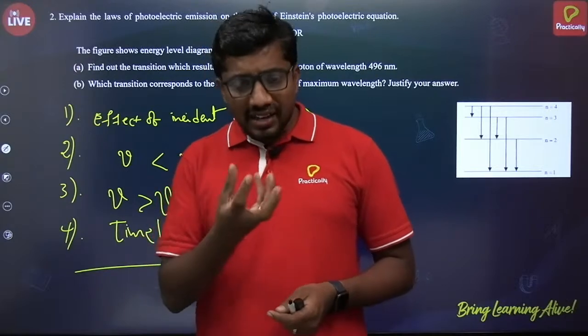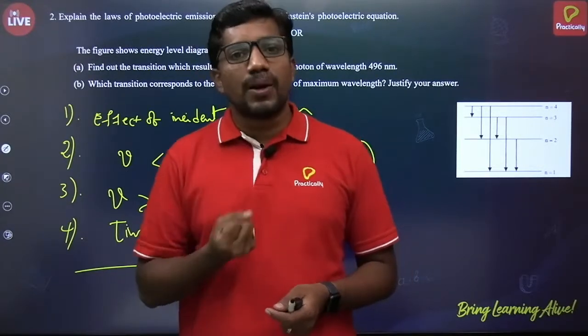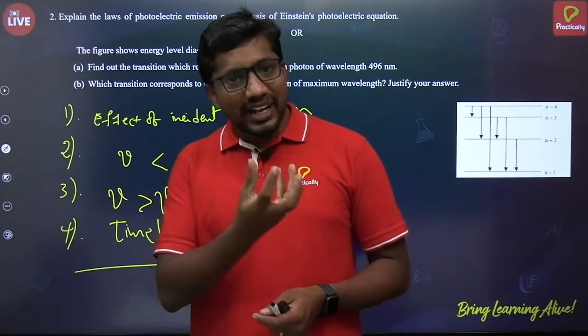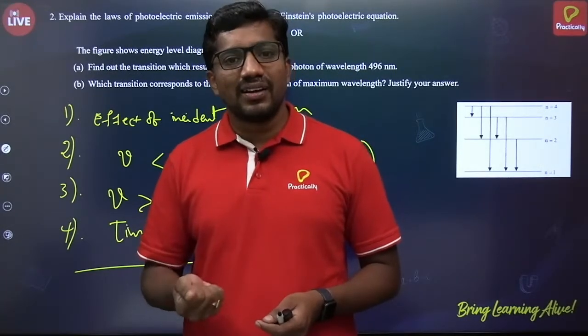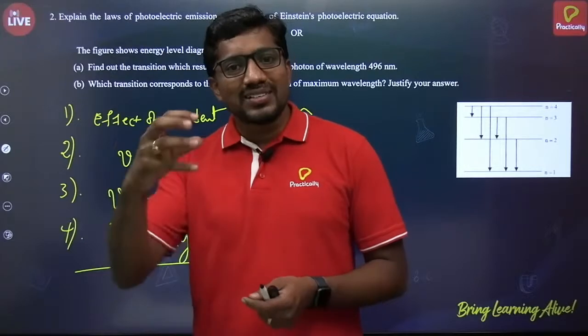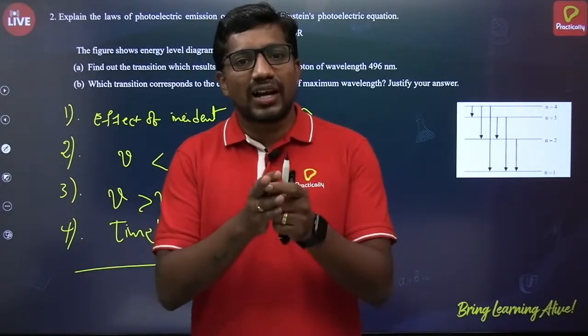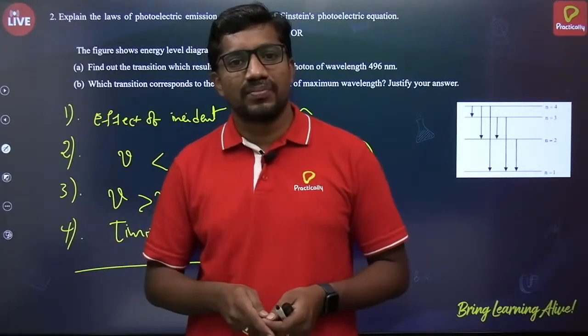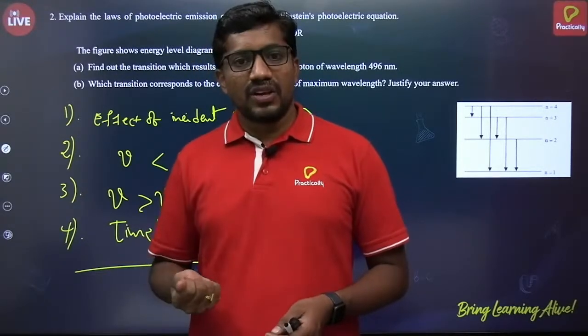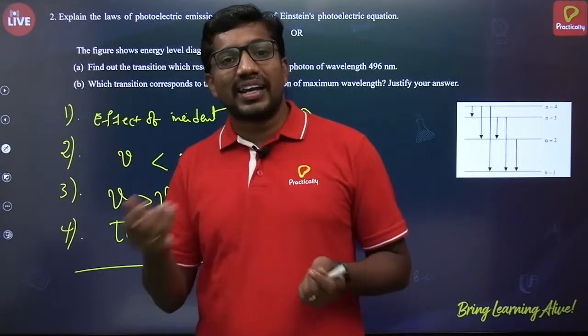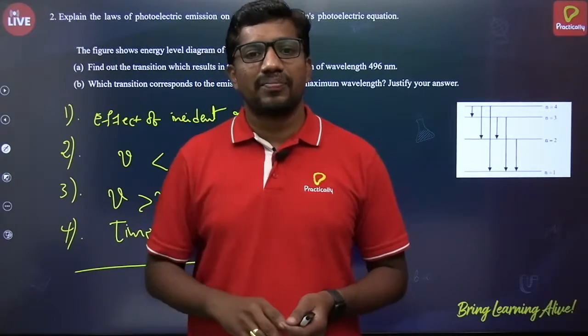So the electron will take the energy from the photon. That taking process will be done in a lump sum, that means in a single instant. It's not a discrete continuous process of energy. So the photon will deliver it and the electron will take it. Both the delivering and the taking will happen at the same time, in a quick time.